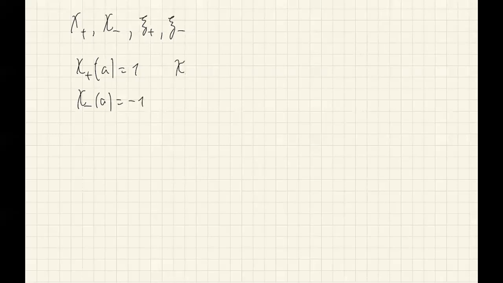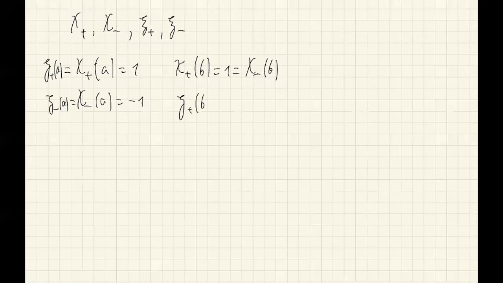Eta plus on B is 1, and it actually equals eta minus on B. And xi is the same on A: xi plus on A is 1, xi minus on A is minus 1. And xi plus on B is the same as xi minus on B, and it's minus 1.